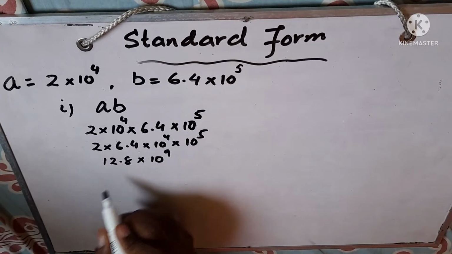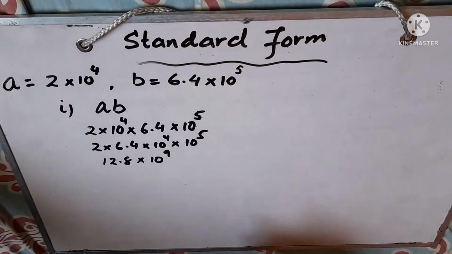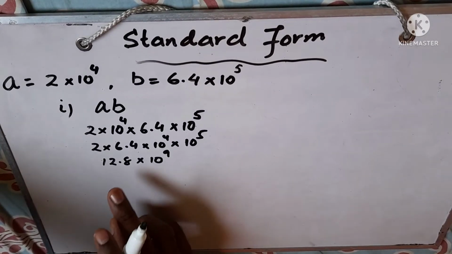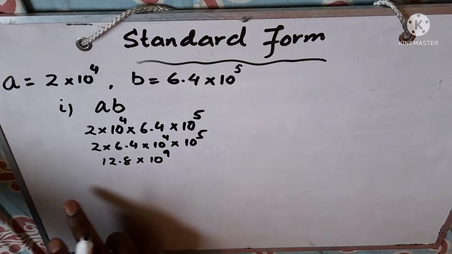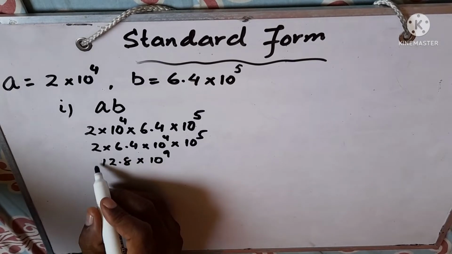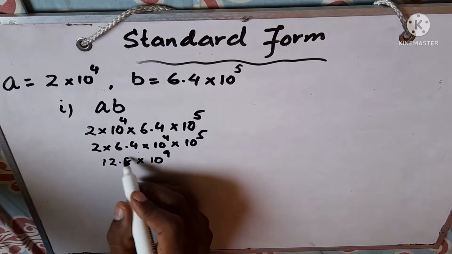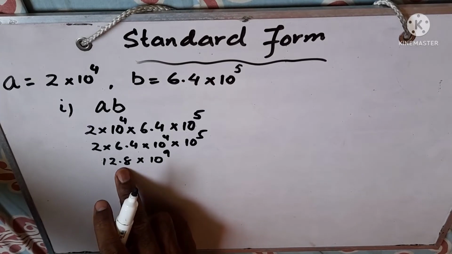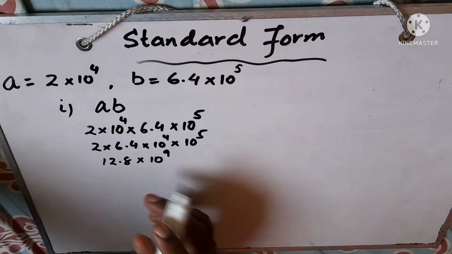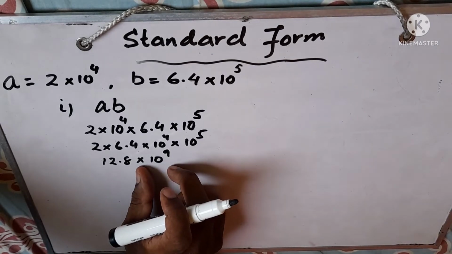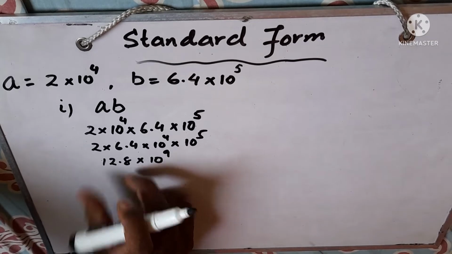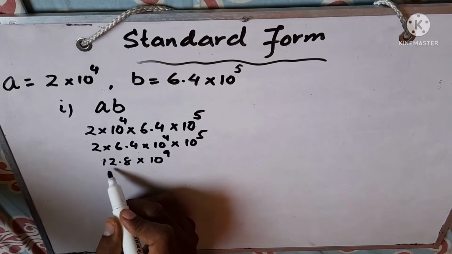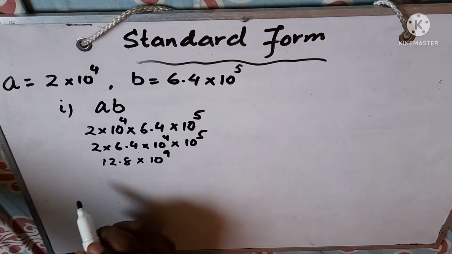Then the number in standard form, we know that the decimal is supposed to be after the first non-zero number. Whenever you have a number greater than 1 and you want to convert it into standard form, the power will be positive. If I ignore this for 2 seconds and I have to write this in standard form, I have to move my decimal only one place.